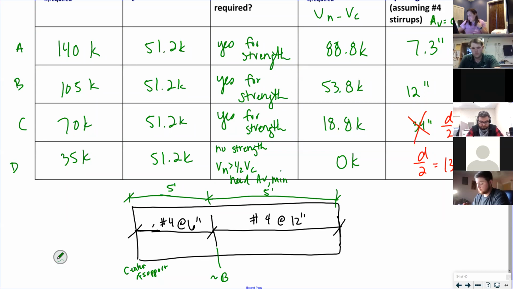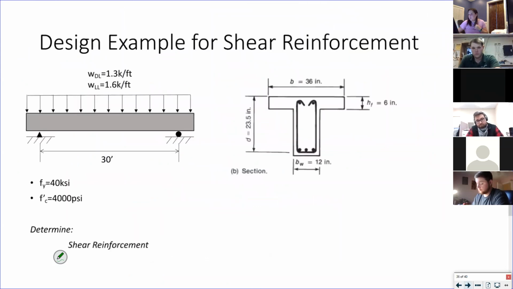You guys can do the breakout thing and look at the example when you're ready. Just the shear reinforcement.